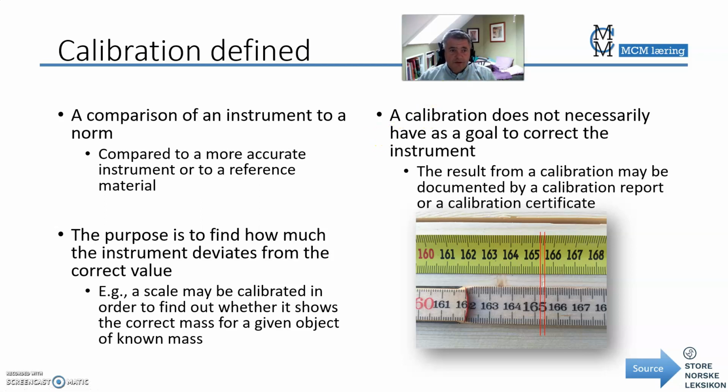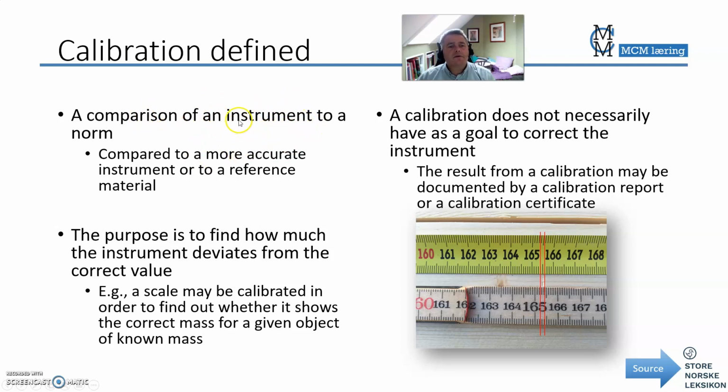Calibration defined. What is calibration? Calibration is to compare your instrument to a norm, to another instrument. Obviously that instrument that you compare your instrument to should be a more accurate instrument. So you go one step up closer to the international standard.